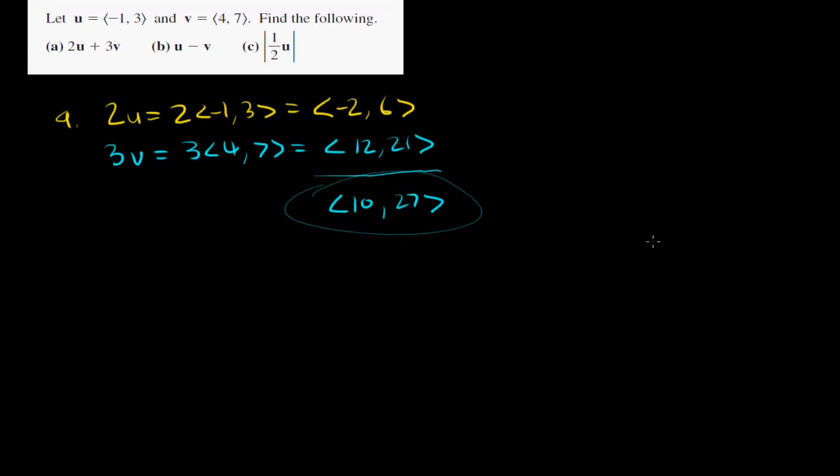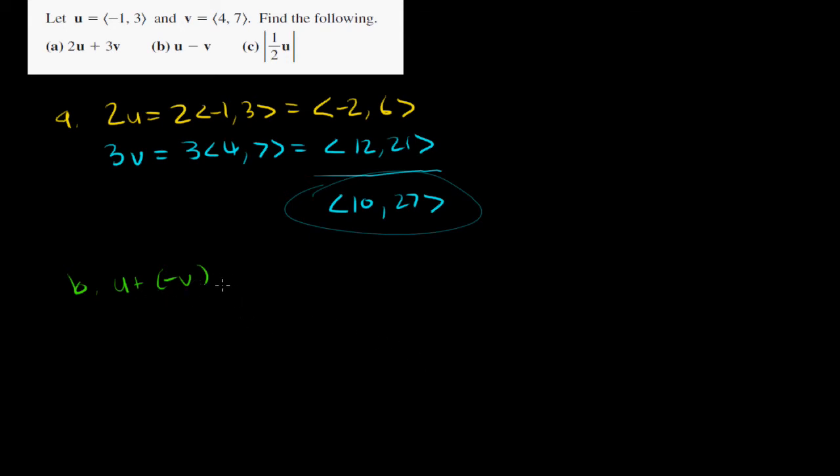So for part B, we're doing vector subtraction, but this can be relatively easy if you think about it in a different way. Instead of u minus v, you can think of it as u plus -v. This just makes it so that we find the opposite of vector v, and then just add it like we add anything else.